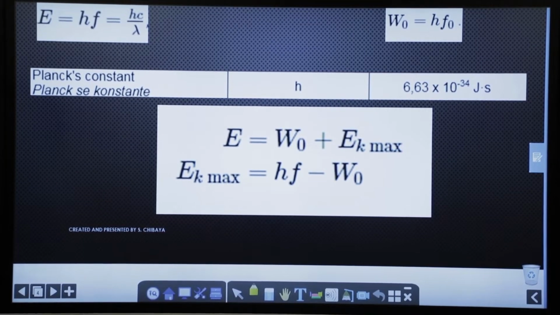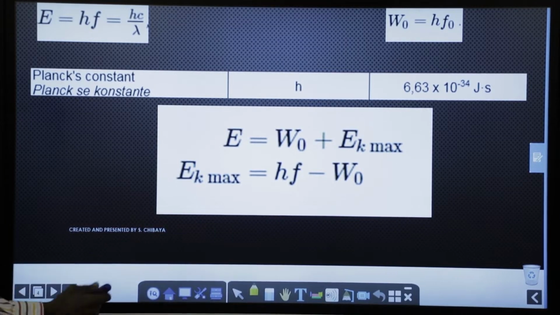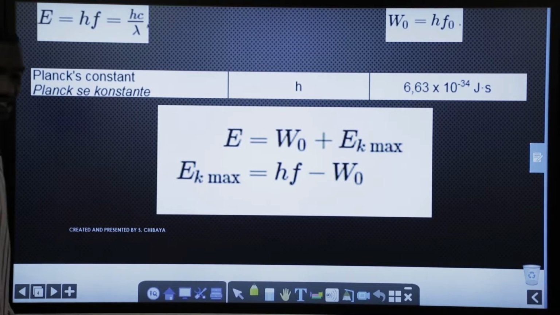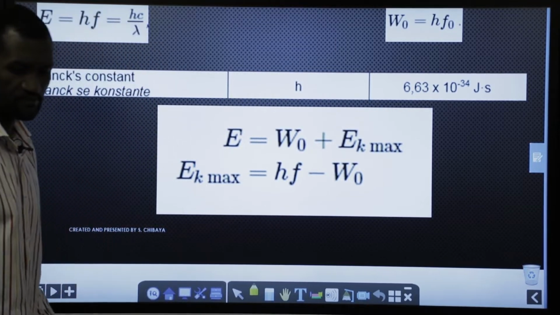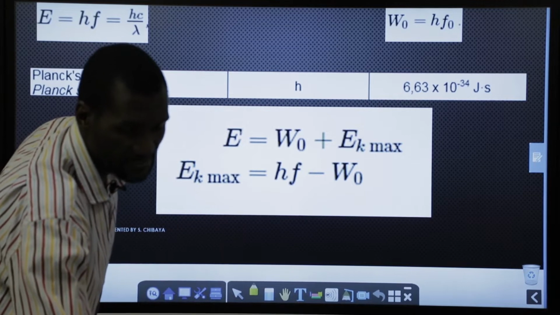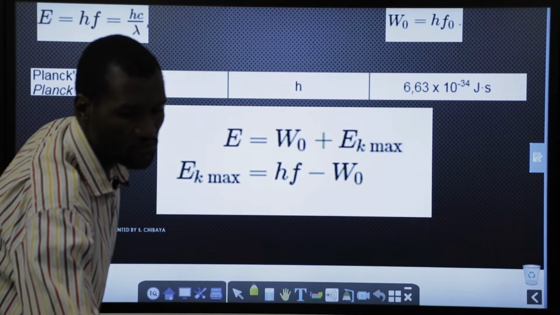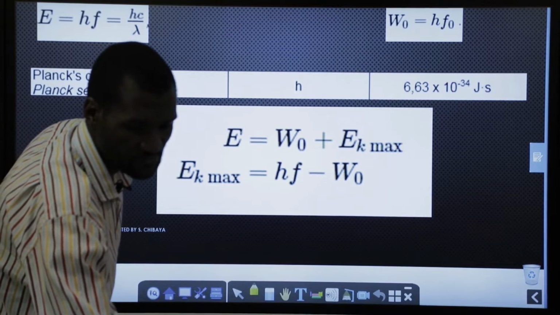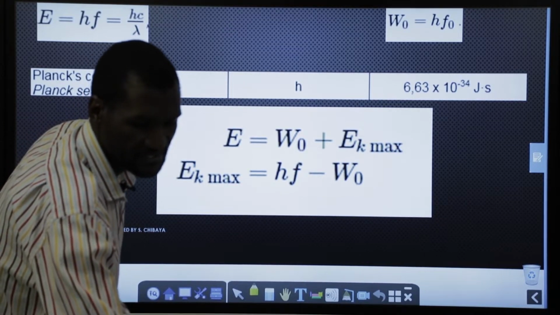Now you might ask, where do the c and the lambda come from? While the speed of sound is generally given the symbol v in air, the speed of light is given the symbol c.